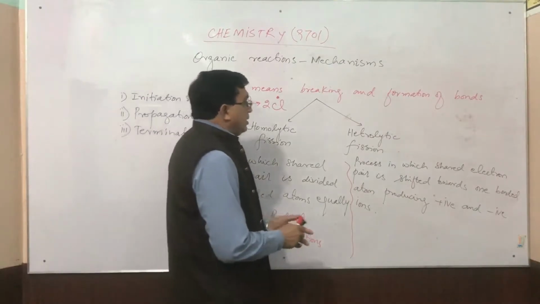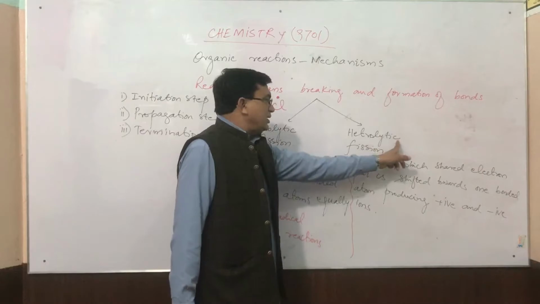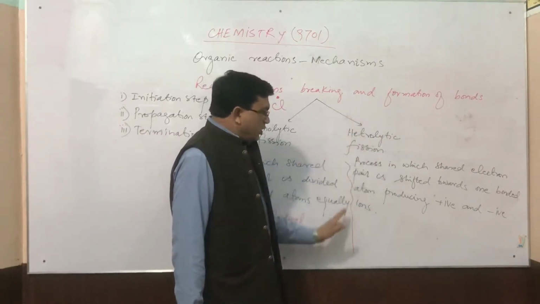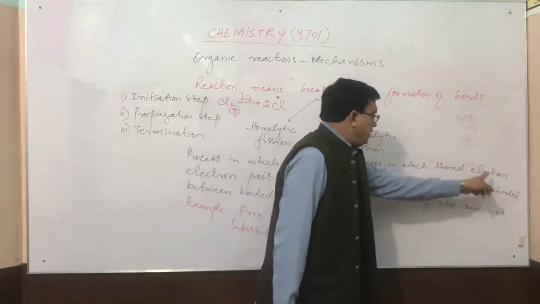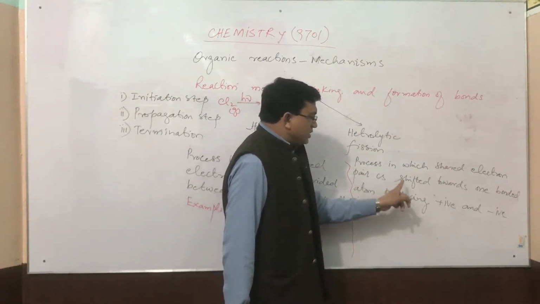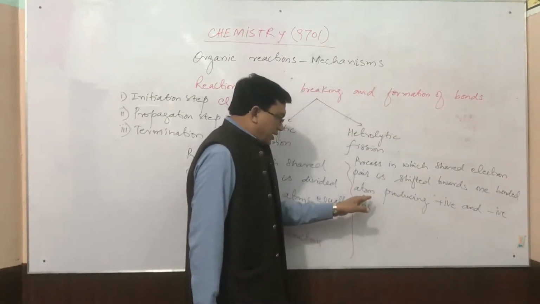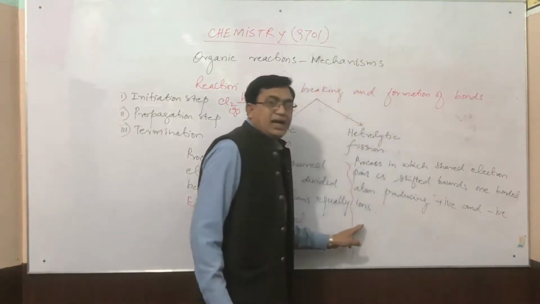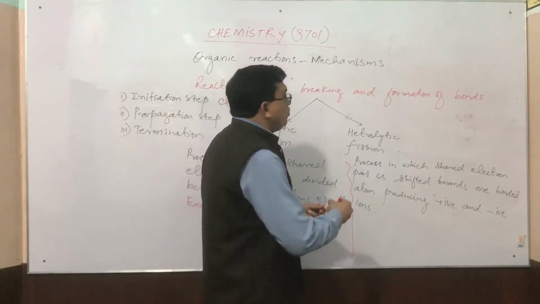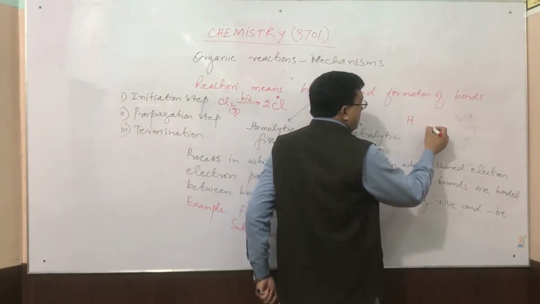Now the other type of bond breaking is called heterolytic fission. According to the definition, it is a process in which the shared electron pair is shifted towards one bonded atom, producing positive and negative ions. Here we can consider the example of HCl.